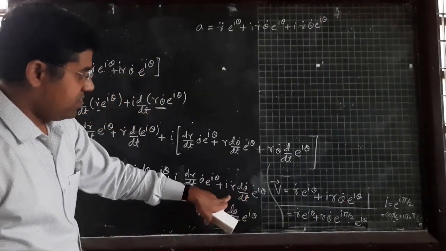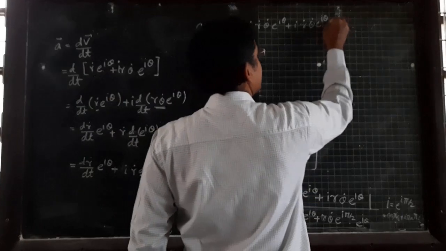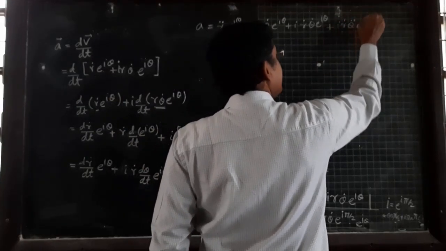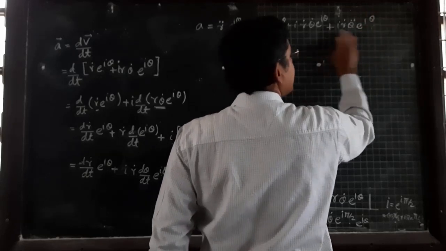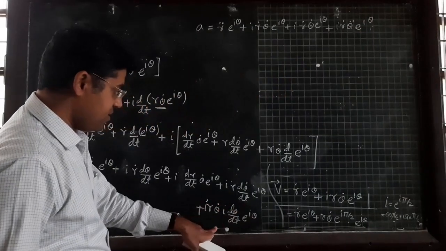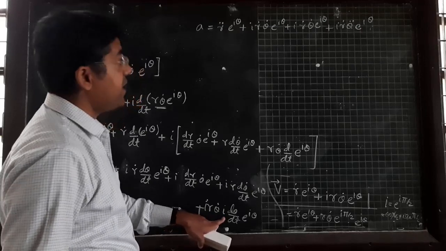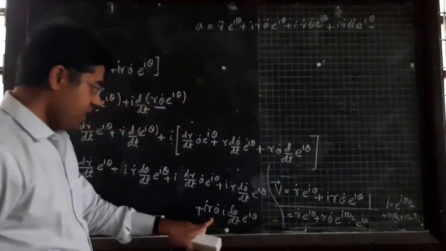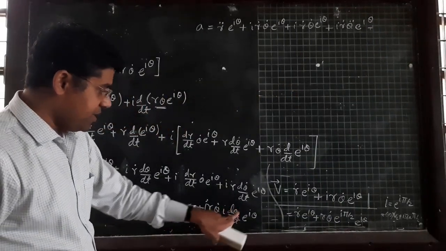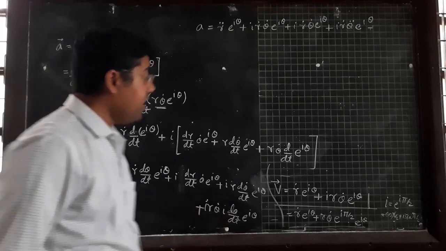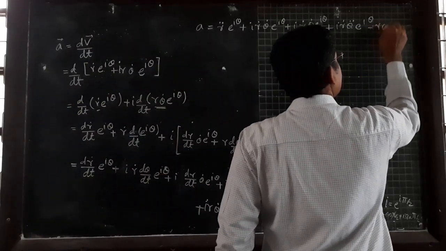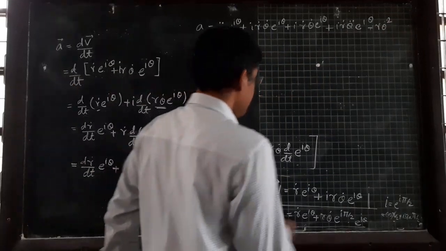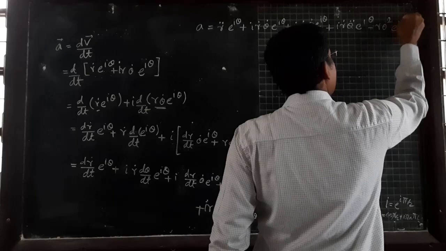Then here theta double dot, so this is i times r theta double dot e raised to i theta. Okay, then this term, i square is minus 1, so this is minus r, this d theta by dt is nothing but theta dot, so r theta dot square into e raised to i theta.